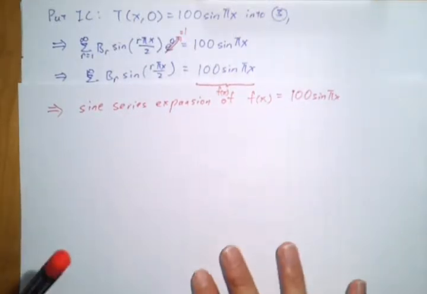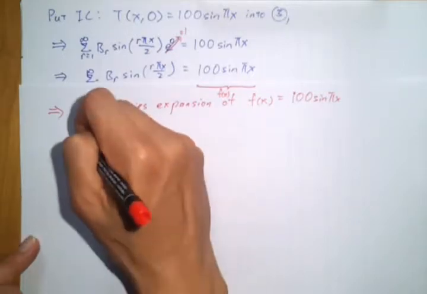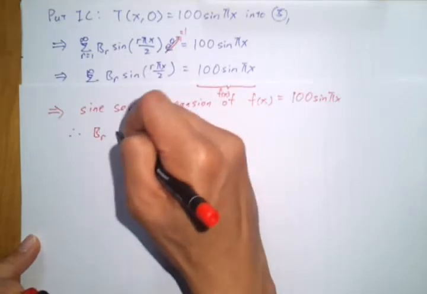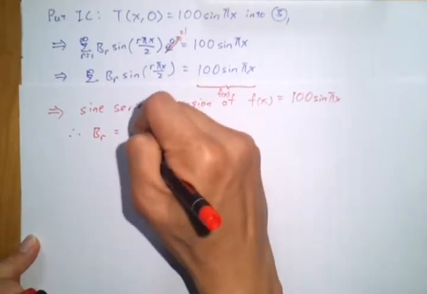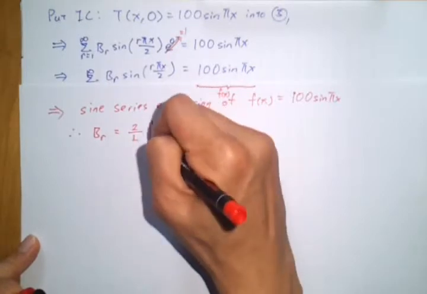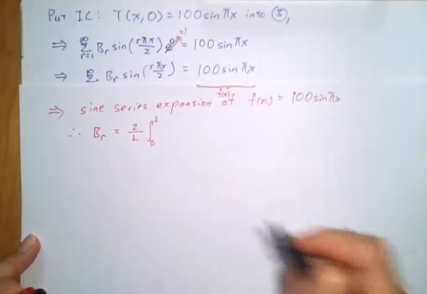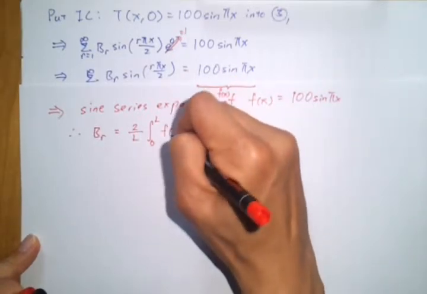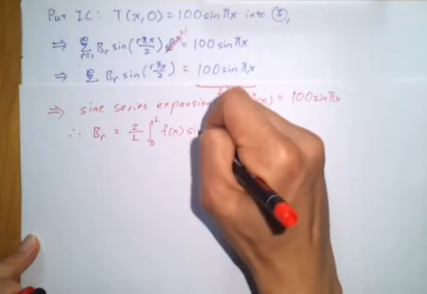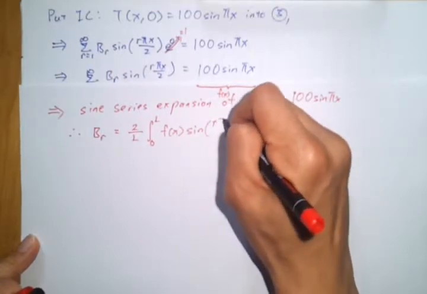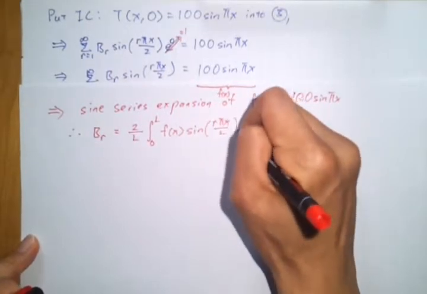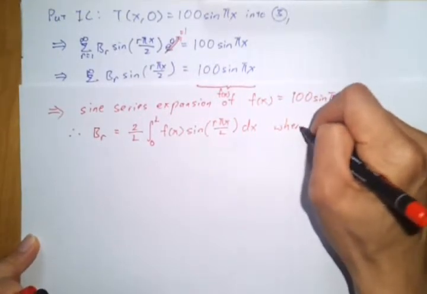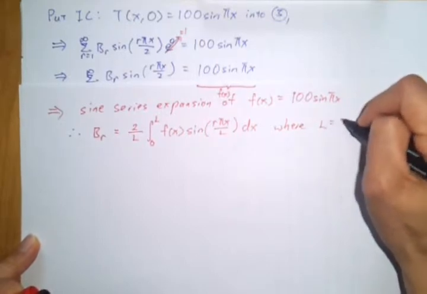From there, you can tell that the coefficients of the sine series are just 2 over L, integral from 0 to L, f(x) times sine(r pi x over L) dx, where L is 2.